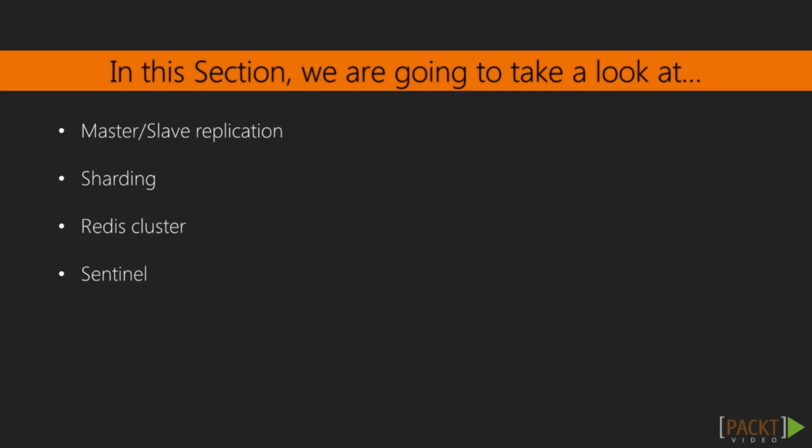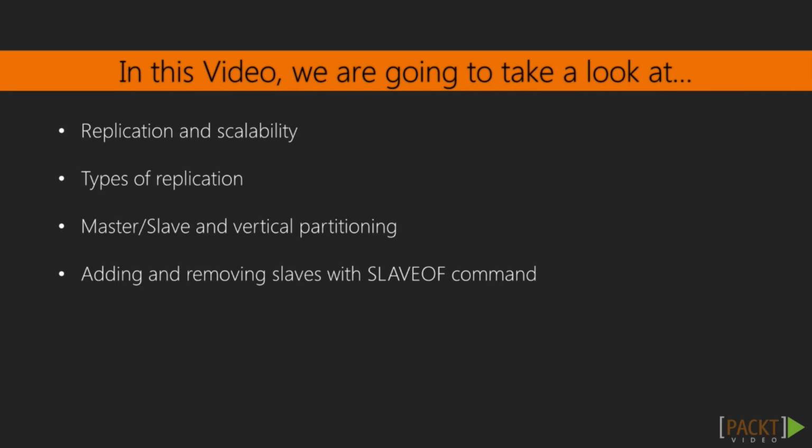This section continues to examine the administrative part of Redis, although it also touches topics that are interesting to developers. Many of these questions are connected to scaling and high availability, and involve some coding, especially when talking about horizontal partitioning. So let's start the first video of the section, in which we are going to discuss master-slave replication.